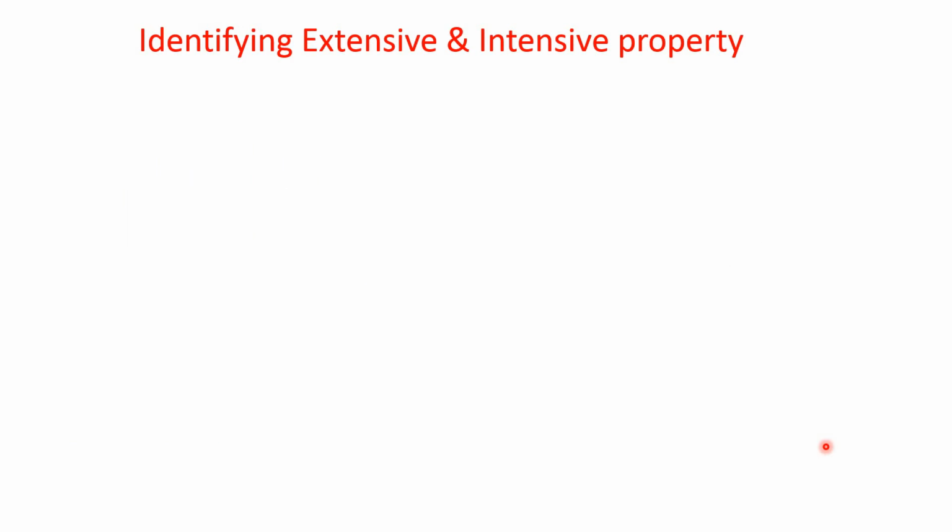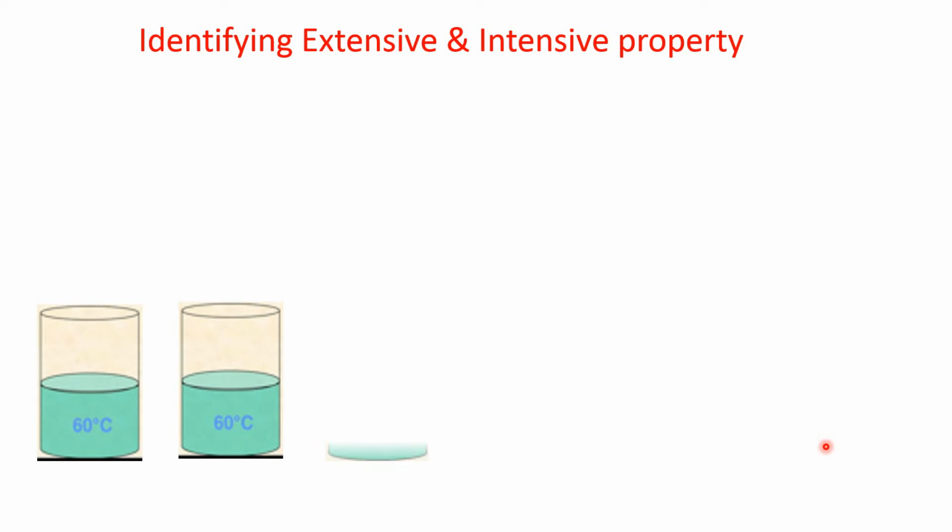Now, identifying intensive and extensive properties. Once again, I am taking the same example. Here 100 milliliter liquid at 60 degrees centigrade, and here also 100 milliliter liquid at 60 degrees centigrade.